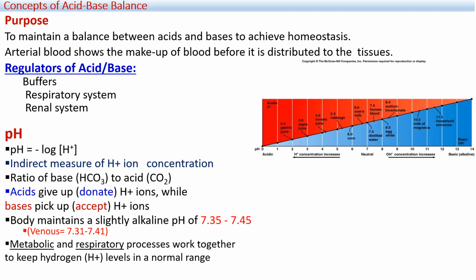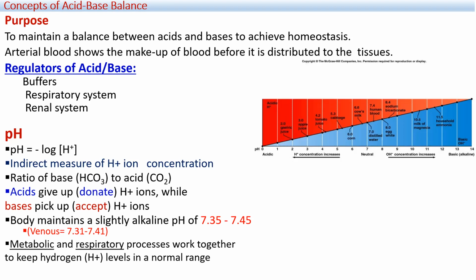Acid-base balance. So under the acid-base balance, I believe that we discussed the three systematic steps of how to analyze or interpret the ABGs and how to analyze the arterial blood gases.